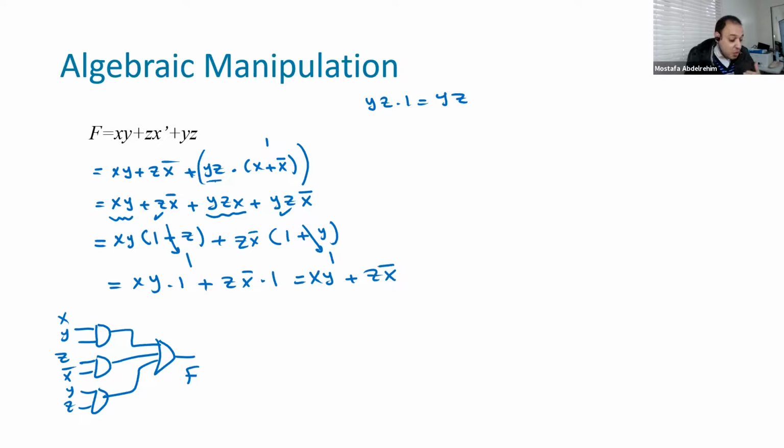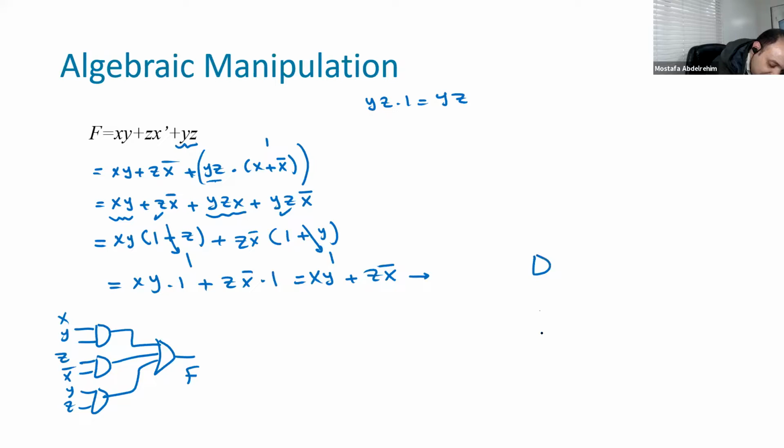One of the terms has just vanished, which is basically the third term here. So now you reduce one of the gates, one of the AND gates basically. Let's draw this.